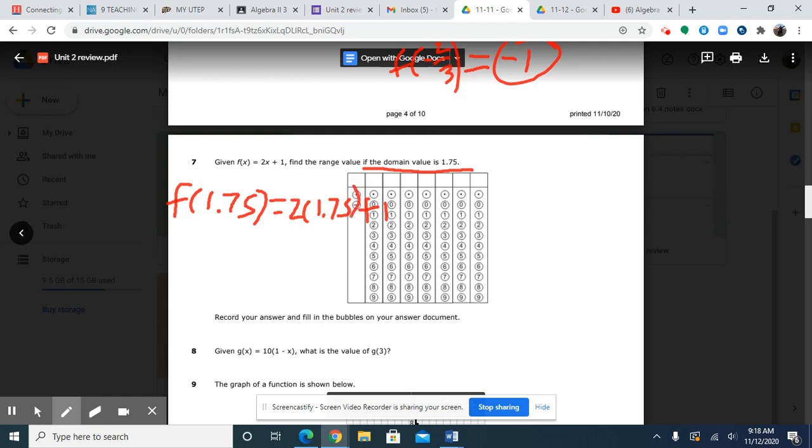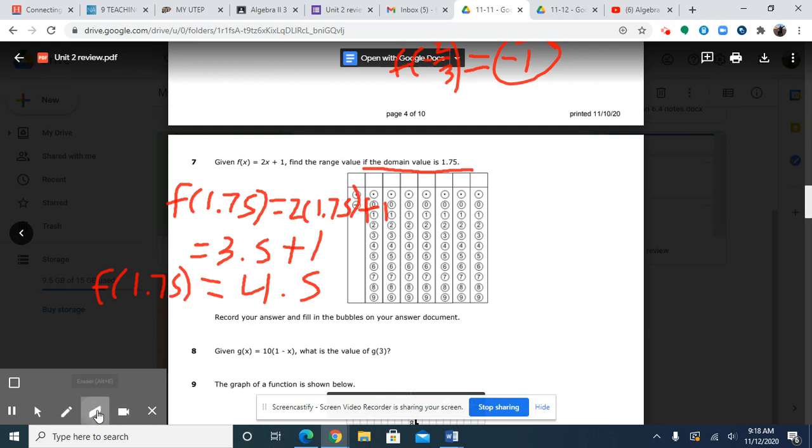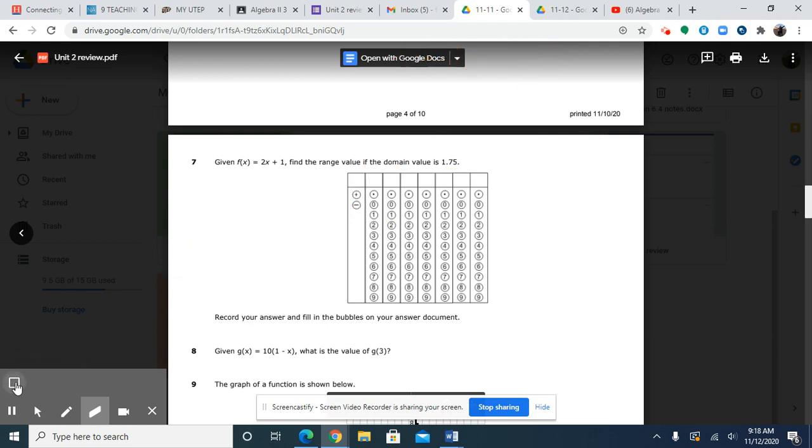So if we multiply 2 times 1.75, that gives us 3.5, plus 1 will be 4.5. So when x is equal to 1.75, our y would be 4.5. So just to write that, we could write it as 4 decimal point and 5.